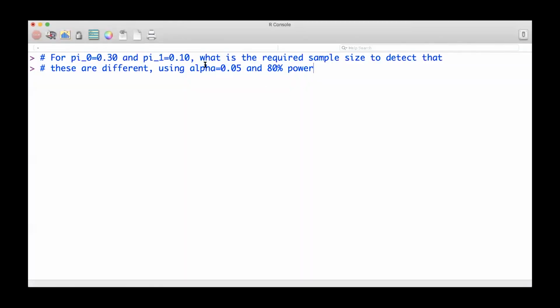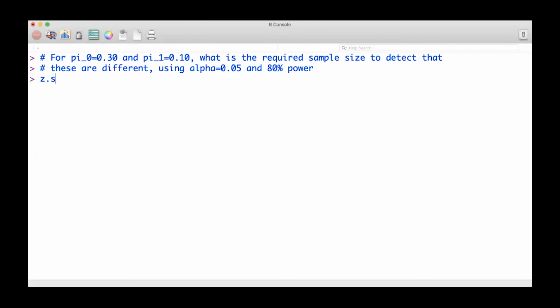So for a binary outcome, we have the problem for pi under the null hypothesis being equal to 0.3 and pi under the alternative hypothesis being equal to 0.1. What is the required sample size to detect that these are different? Using an alpha of 0.05 and a beta of 0.2, which means we have 80% power.